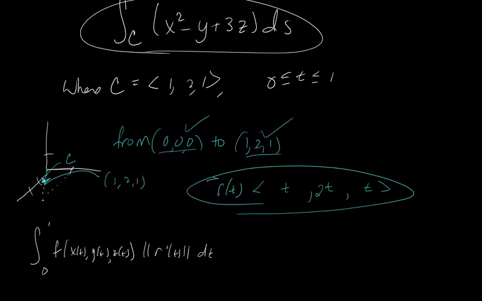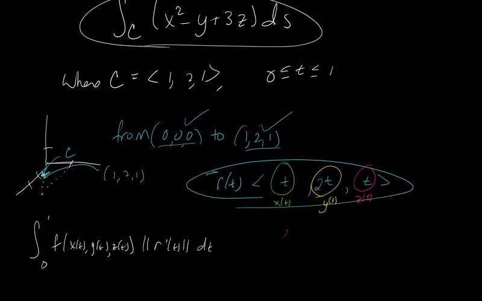So x is equal to t. This is x of t here, this is our y of t, and this is our z of t. We are going to plug these into our function. x of t is t, so I'm going to replace x with t, y with 2t, and z with t.